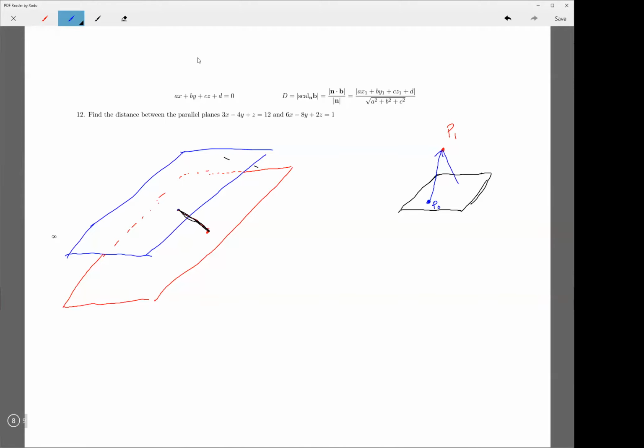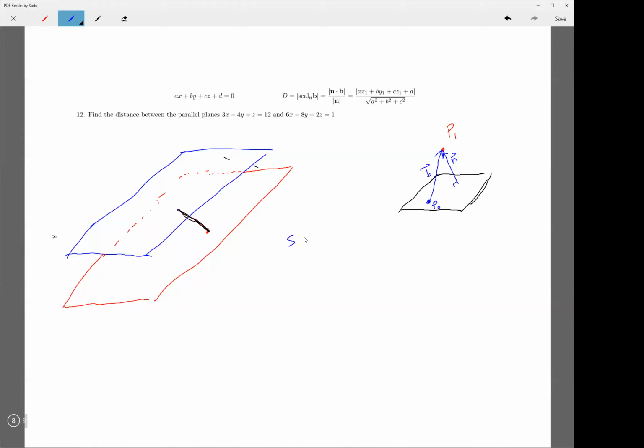And you also know the vector here. You don't know what this point is, but you know that this vector is the normal vector to the plane. And so you have another vector here formed by any point in the plane and the point up here. This vector, we'll call that B.